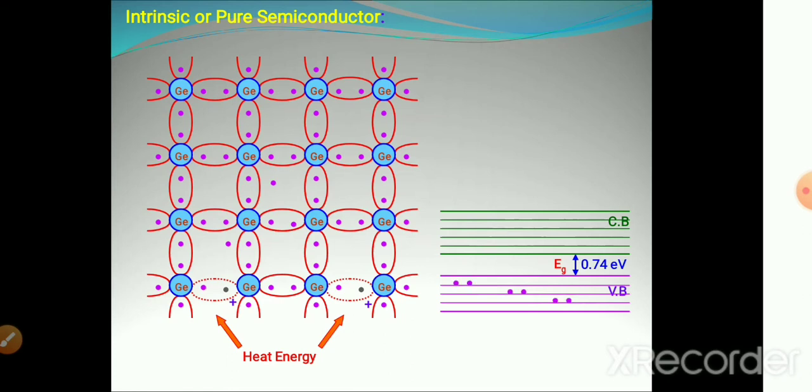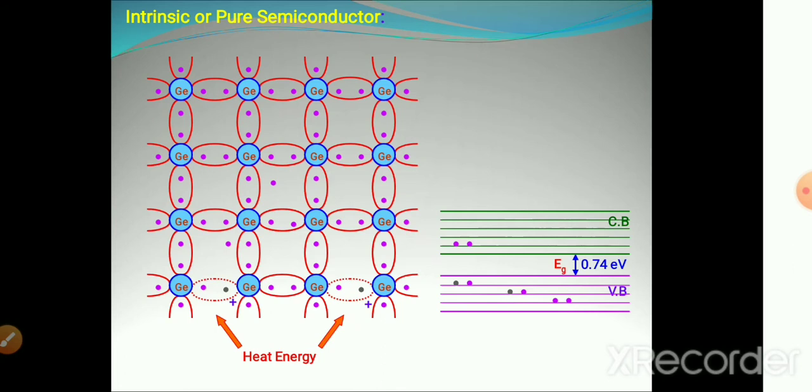Now look at this energy band diagram. You can see electrons in the valence band. They are jumping to the conduction band, creating one hole in the valence band. Valence band means covalent bond. One more electron-hole pair, and one more. Now, this electron from the conduction band jumps into the hole.